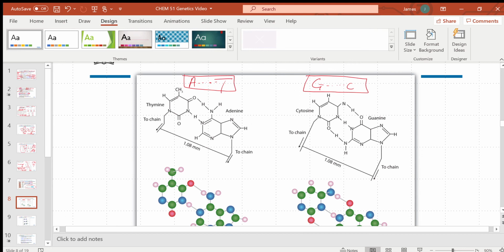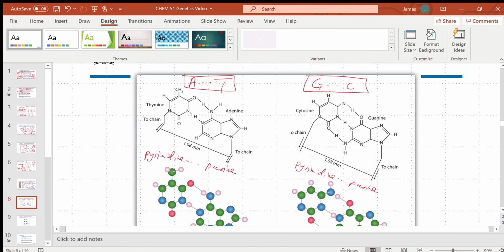So notice that we always have base pairing between a pyrimidine and a purine. So it's always pyrimidine to purine, pyrimidine to purine. It's never pyrimidine to pyrimidine or purine to purine. It's always one of each.